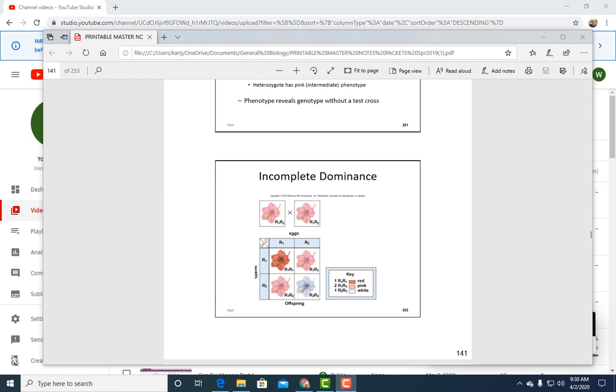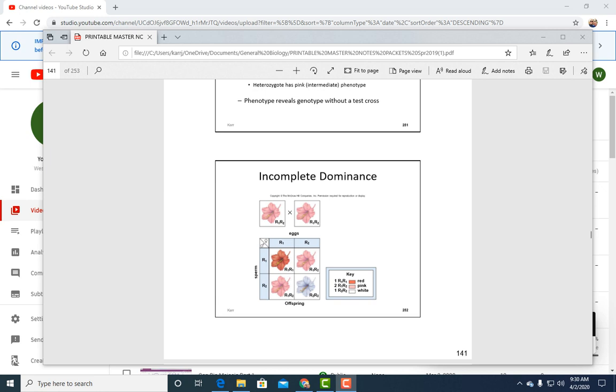I don't like how that's expressed. That's not consistent with the way we've been using our Punnett squares. But if R1 is dominant, R2 is recessive, two R1s makes a red. The heterozygous flower is pink, and the homozygous recessive flower is white. So that's incomplete dominance.